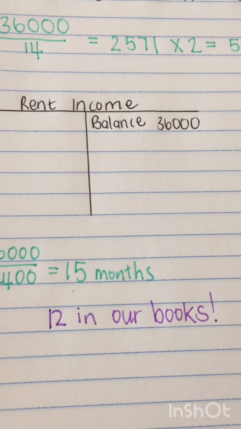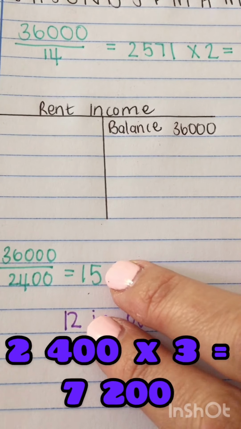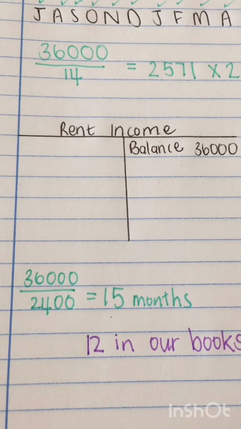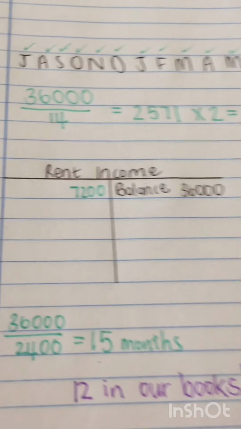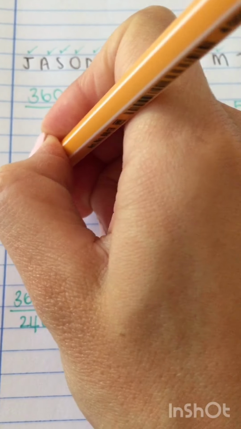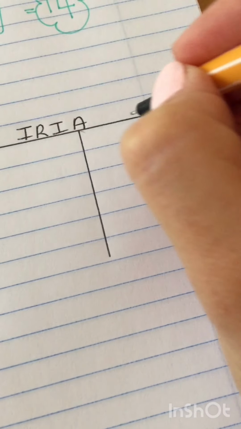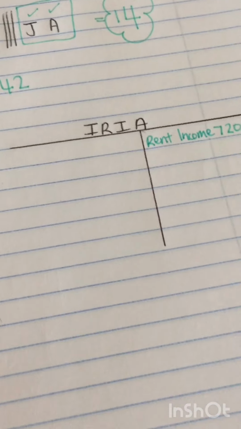So 2,400 times 3, which is the difference between the 15 and the 12, will give me the amount that I received too much, which is 7,200 Rand. That must be taken out. Income received in advance. One account is debited, so the partner, 7,200 rent income, will be credited.